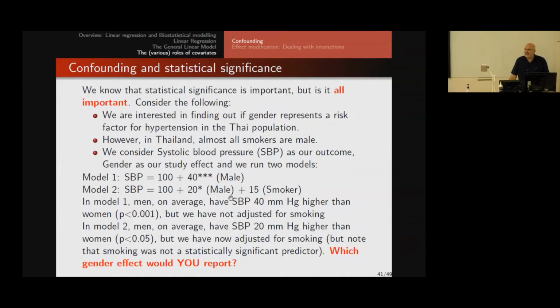The male effect remains significant. They're 20 units higher, but I noticed that being a smoker increases your systolic blood pressure by 15. However, smoking is not statistically significant. Which is the right model?